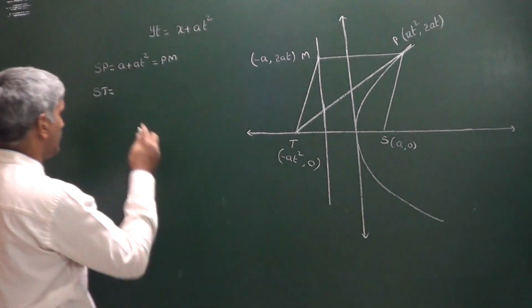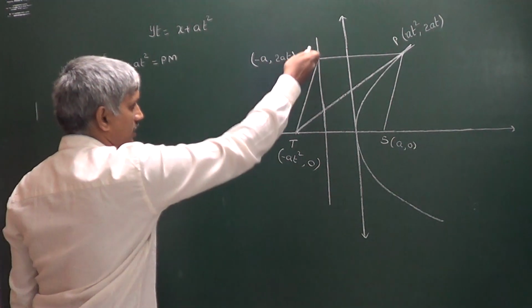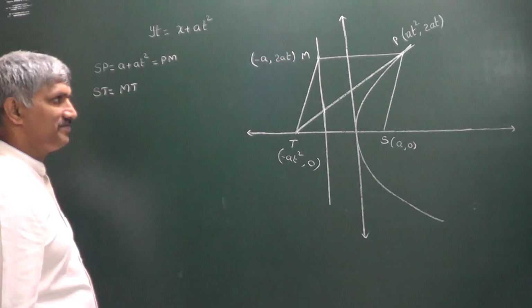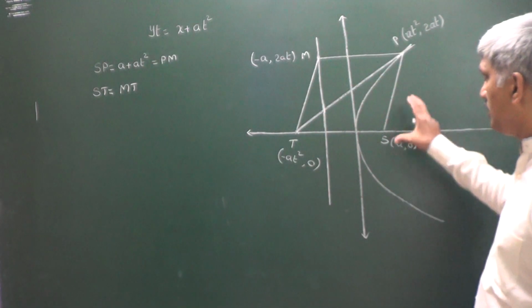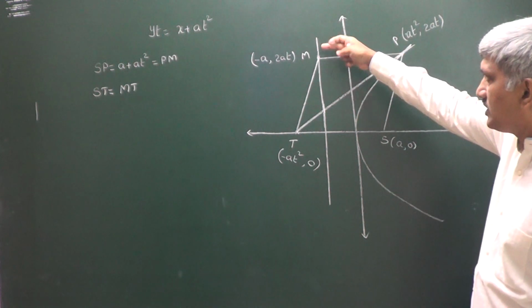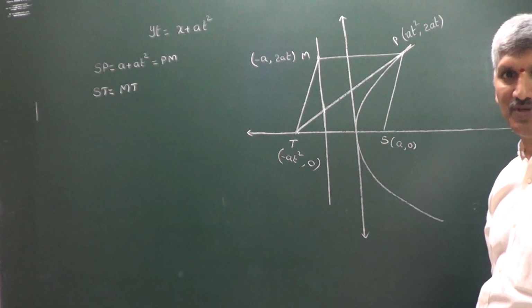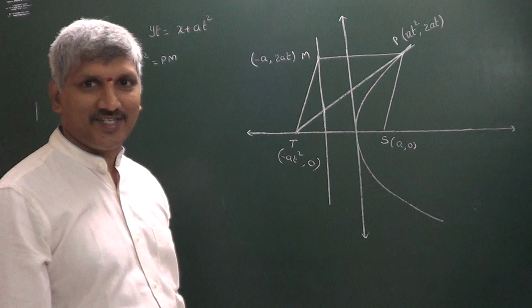That's why ST is also equal to a plus at², the same as MT. So what information did we get? SP length is the same as PM, the same as MT, the same as ST. That means all the sides are equal, so it is a rhombus.